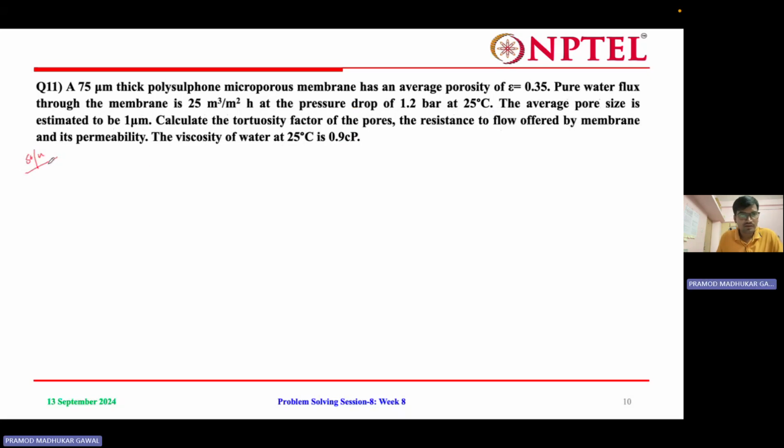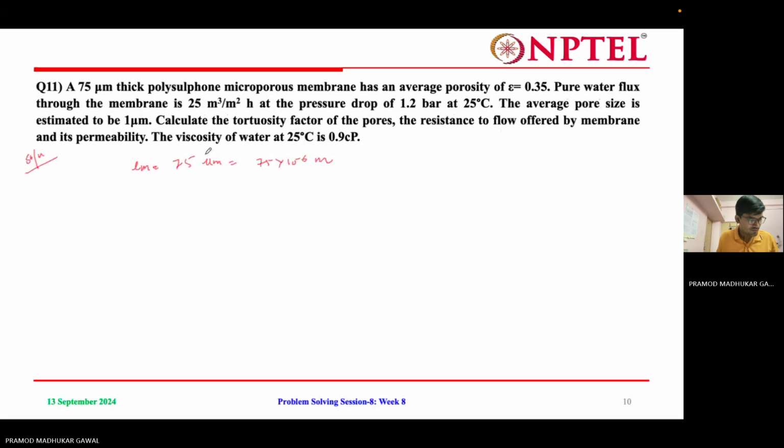So here Lm is given as 75 micrometer, the membrane thickness, right? Convert into meters, 75 into 10 to the power minus 6 meter, right?